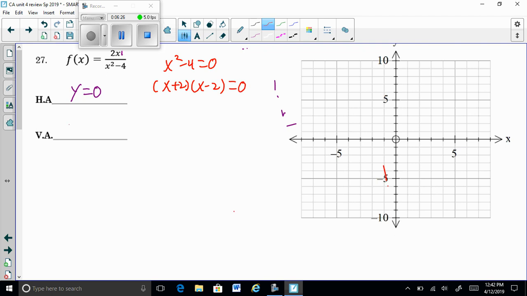So you've got two vertical asymptotes, x equals negative 2 and x equals positive 2. We'll put those on our graph. y equals 0 is basically the x-axis, and then we have negative 2 and positive 2.